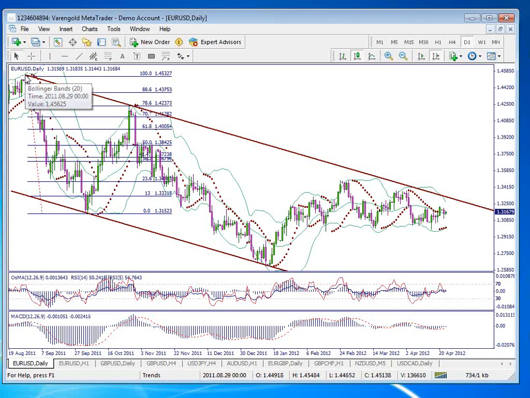So I put Fibonacci, I drag it from the top of the wave on the chart down to the low, and we can see that the pair stops at the 78.6 level and retreats and starts wave number 3.